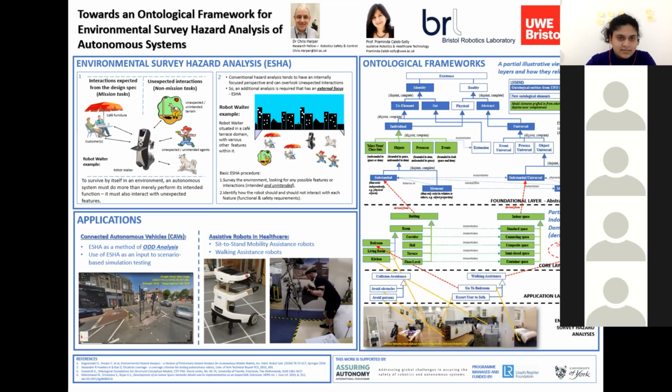In doing that, we found that there seemed to be something of a gap in the way the kind of conventional functional hazard analysis methods worked for autonomy problems, because they tended to focus very heavily on the design mission of the robot and the intended agents or actors in the environment that the robot was designed to interact with.